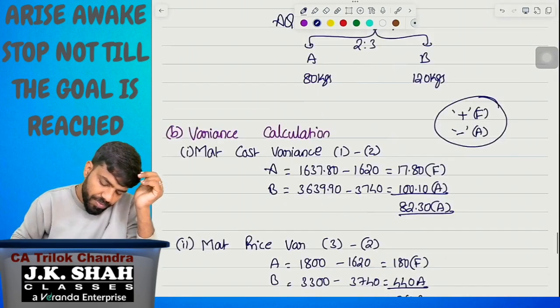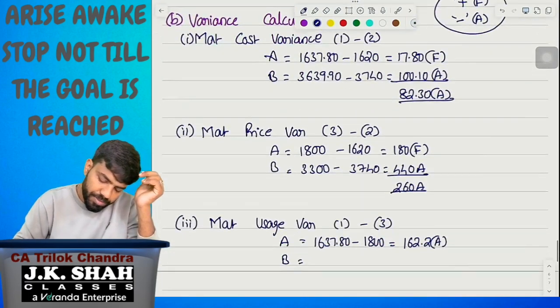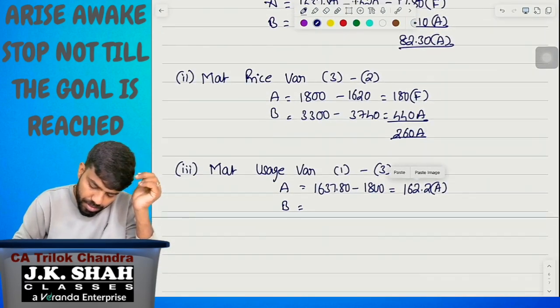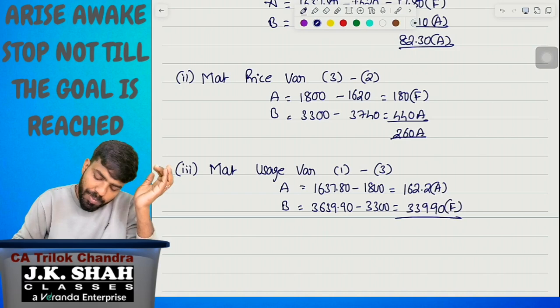Next, B, first column, 3639.90, 3300. 3639.90 minus 3300 is 339.90 positive, favorable.